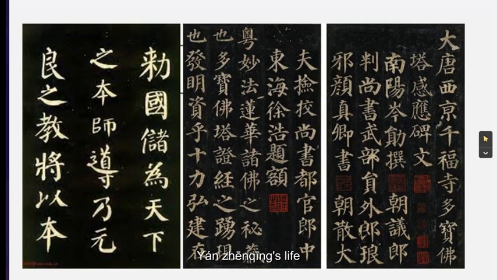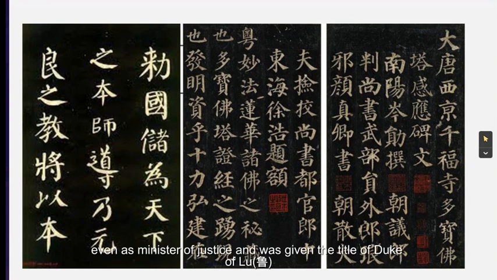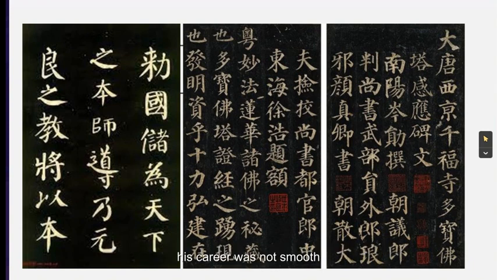Yan Zhenqing's life can be described as that of a typical Confucian scholar official. He received a good traditional education in his early years and later took the imperial examination and began his career as an official. Although he served 4 emperors and reached high ranks, even as Minister of Justice, and was given the title of Duke of Lu, his career was not smooth.